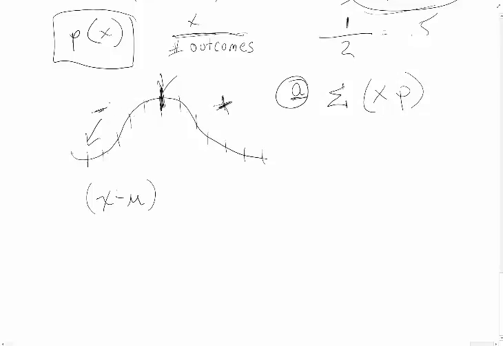So how do you get rid of that plus and minus? You would square it, and every one of these would have to be weighted by its probability of happening.